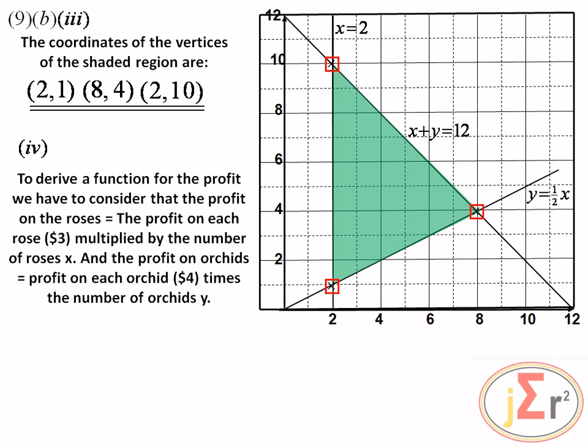You take that 5 and you multiply by 50. It is the same thing, only that in this particular case the number of roses will be X and the number of orchids will be Y, and we multiply those by their respective profits, and the total will be, of course, the total of those two.